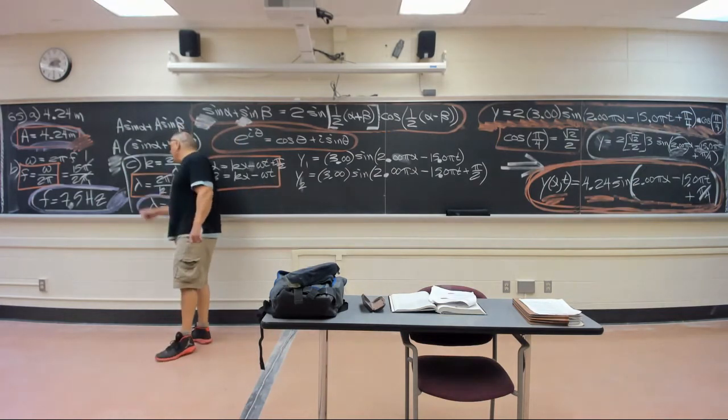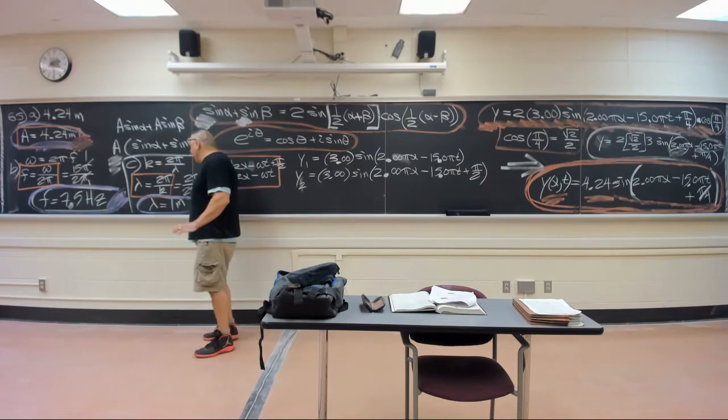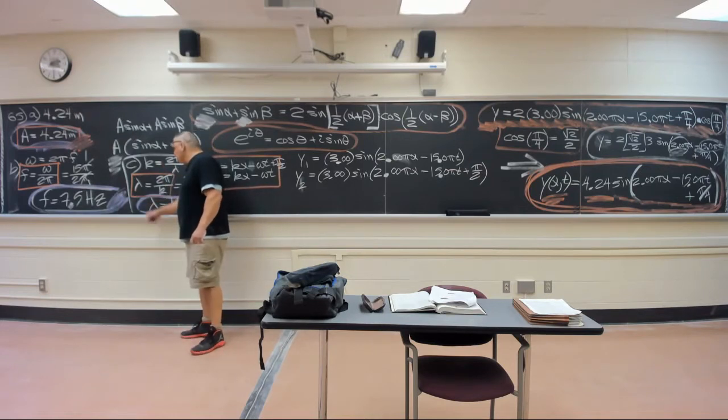Regarding this, what about lambda? You get a long lambda if k is a small number. I said that wrong earlier, let me take that back. If k is a small number, a constant divided by a small number is a big number. So if k is small, lambda is going to be big.